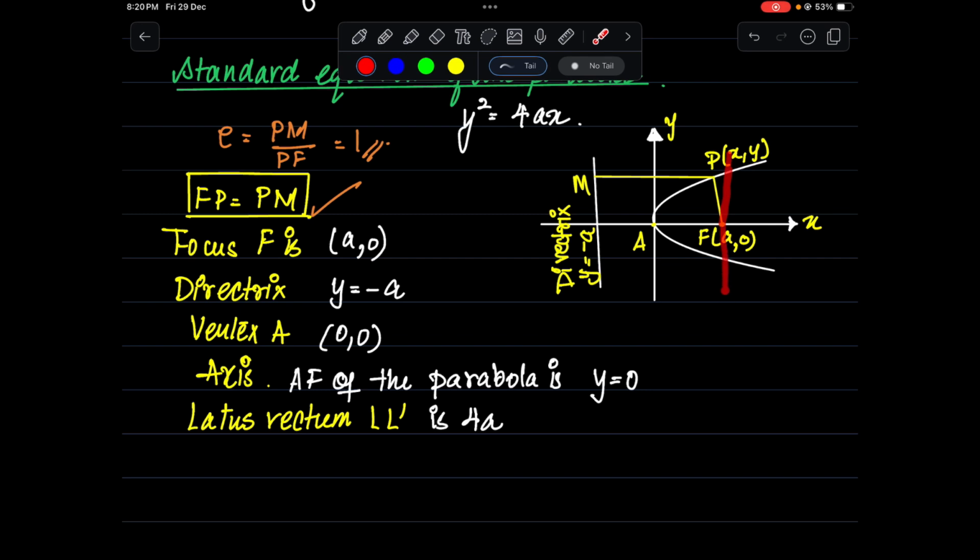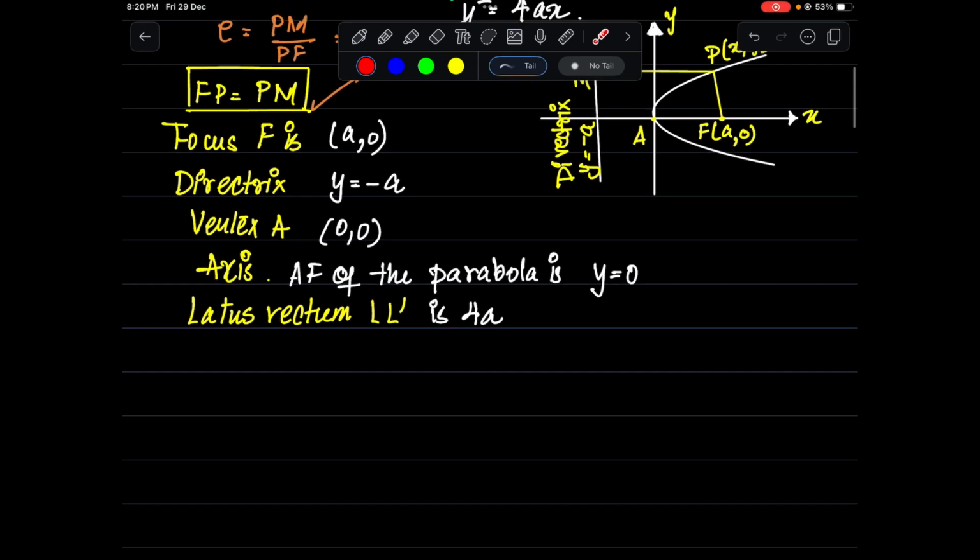Wherever it joins the parabola at the top and at the bottom, that distance is the latus rectum. So this denotes a length, and that length is 4a for this particular case.